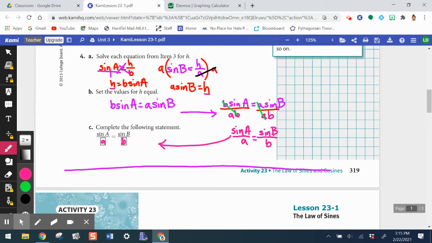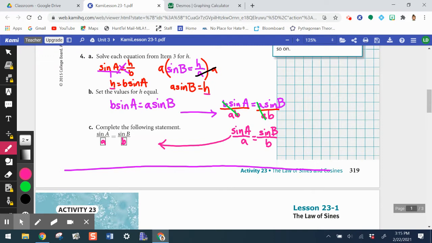And then C, it says complete the following statement, but I want to show you how we could complete that. So take this equation, b times the sine of A equal to a times the sine of B. If you notice, they got sine of A and sine of B essentially by themselves, or written over some other value.